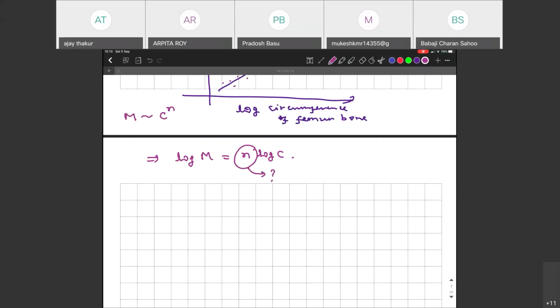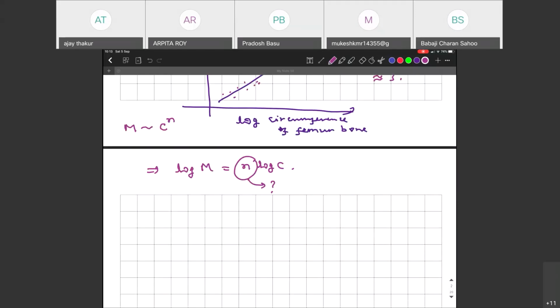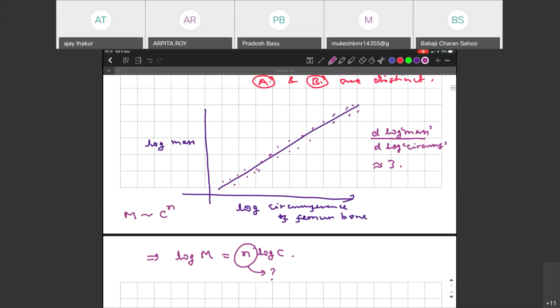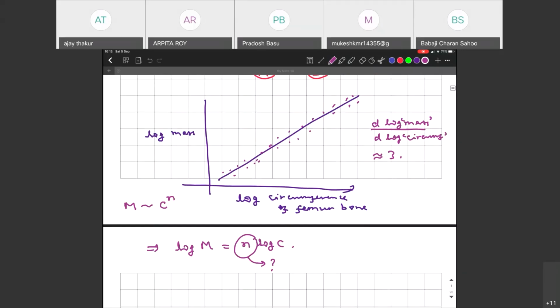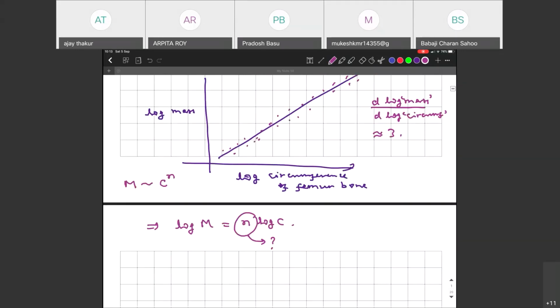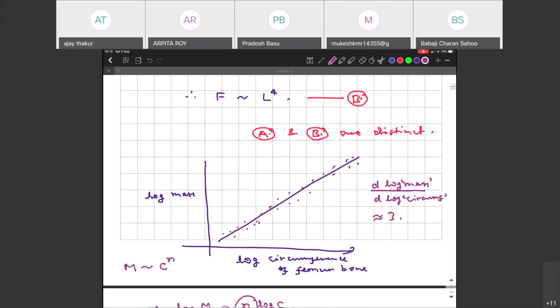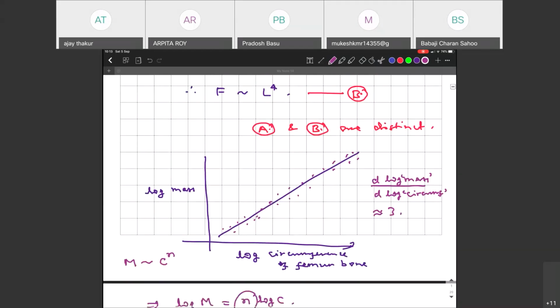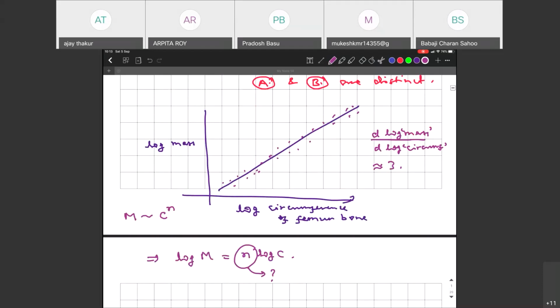Fine. So even experimentally, when we look around, we find such scaling laws, and that helps us. Suppose we are designing a robot of a given mass, and it has to stand on its own feet.